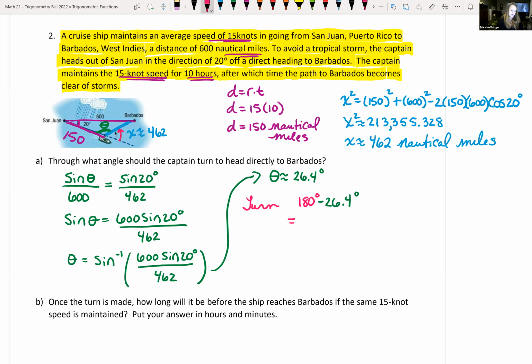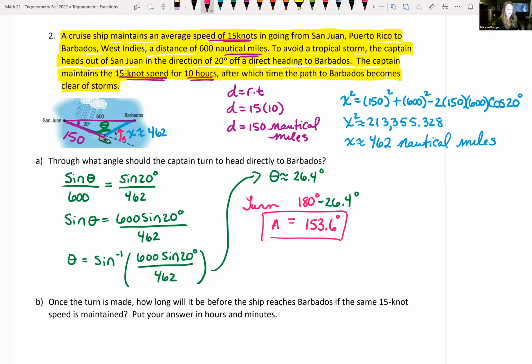So they need to turn 153.6 degrees. We call that angle A. So I noticed here when I was doing this problem or writing out the solutions that this image that is given of what's going on is not drawn to scale.